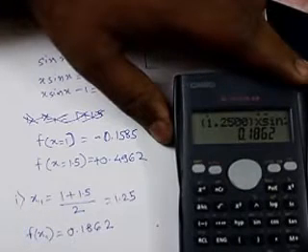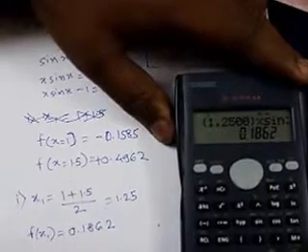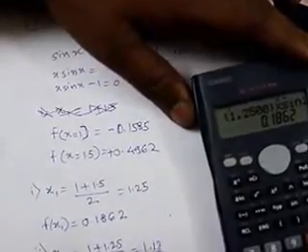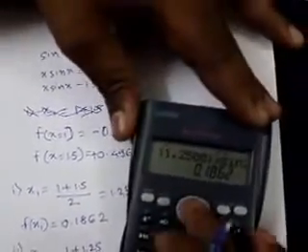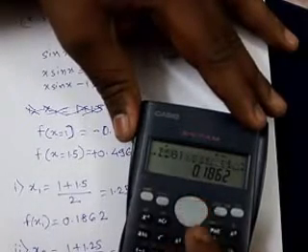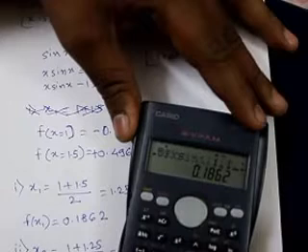So x2 is nothing but 1 plus 1.25 divided by 2, which is 1.125. I'm going to put this here, 1.125.